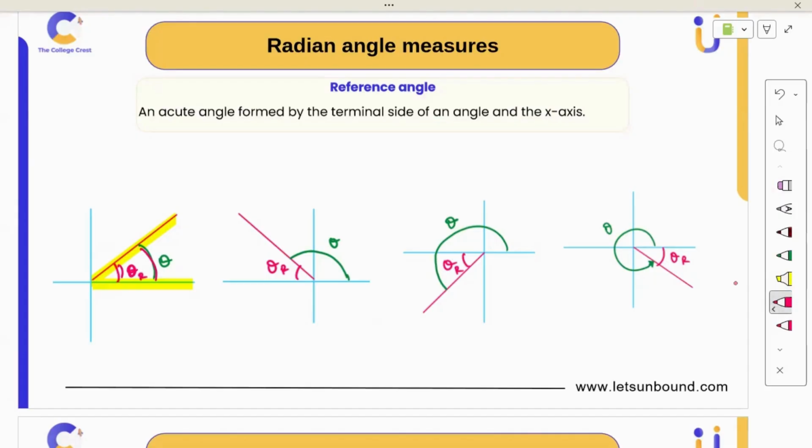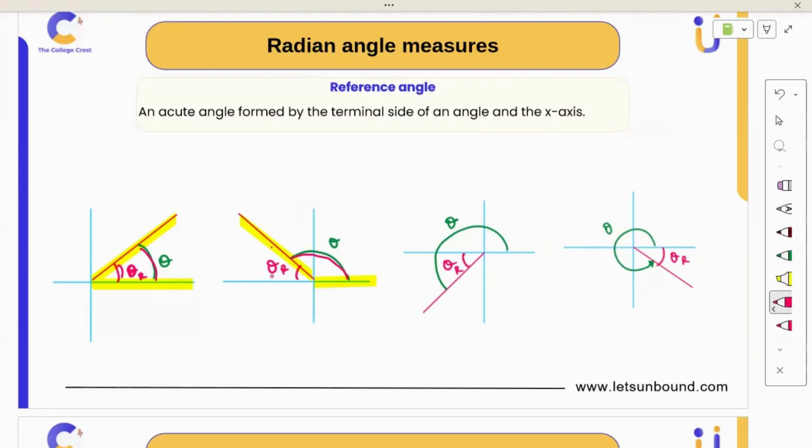Now I want to put my terminal side on the second quadrant. Now obtuse angle is formed, but reference angle means it's always acute. So this is theta and your terminal side and one of the x-axis.